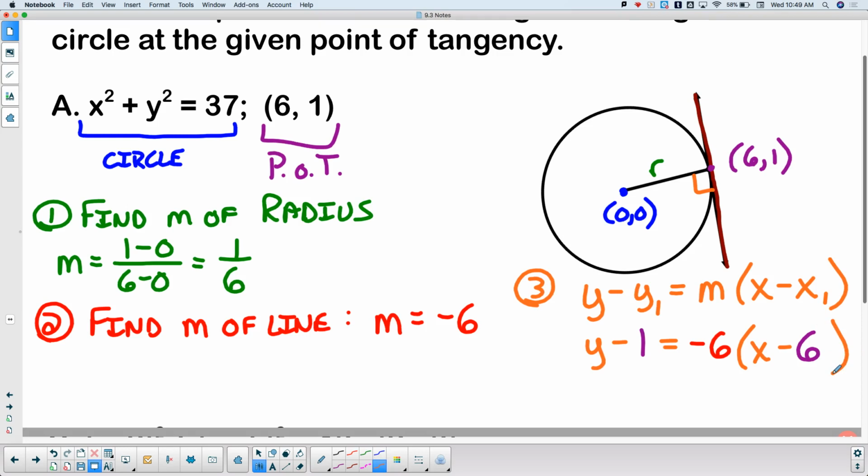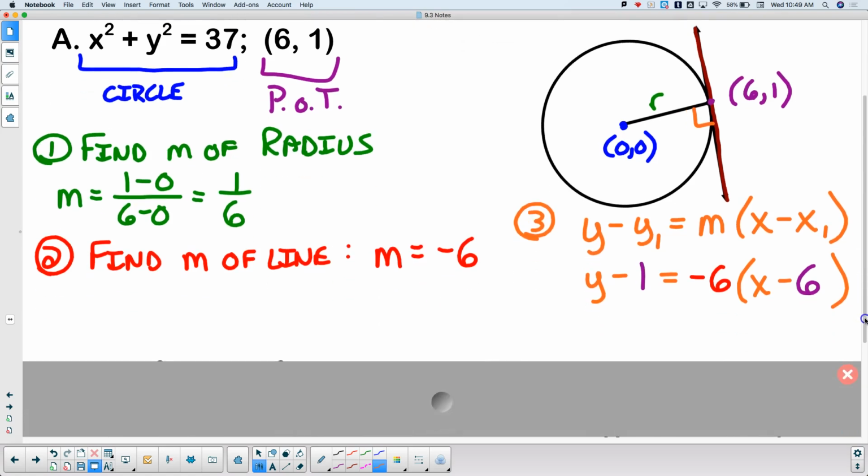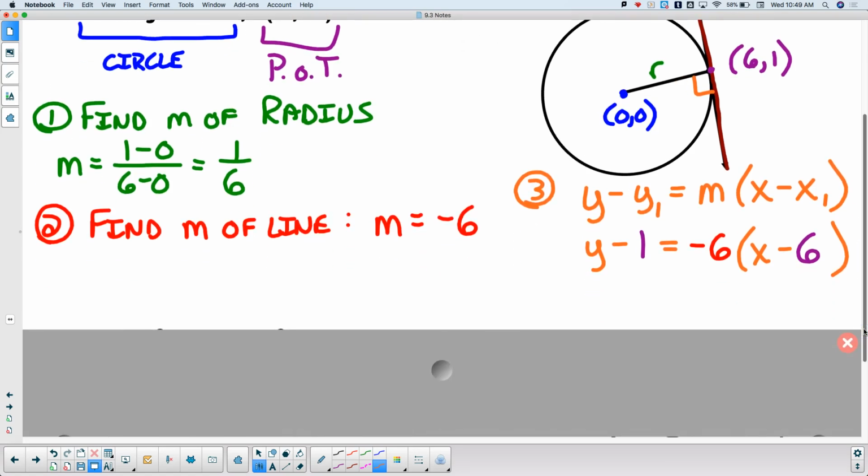Sam, distribute. Plus 36. So my final answer here is going to be -6. Love it.